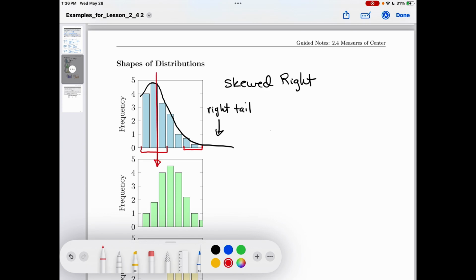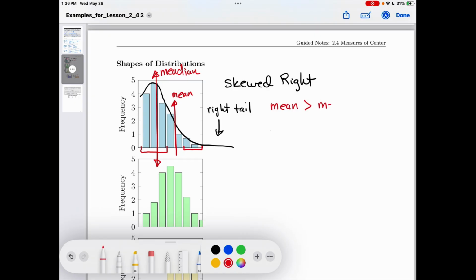So when we look at this distribution, the majority of the data falls in this area. This is going to be where the median falls, somewhere in this area. And then because there are a few extreme large values, the mean is going to get pulled to the right.